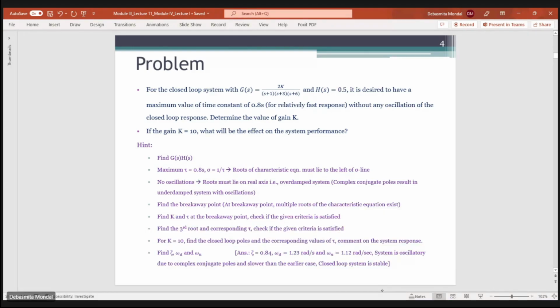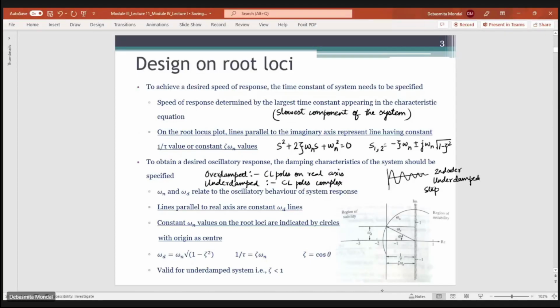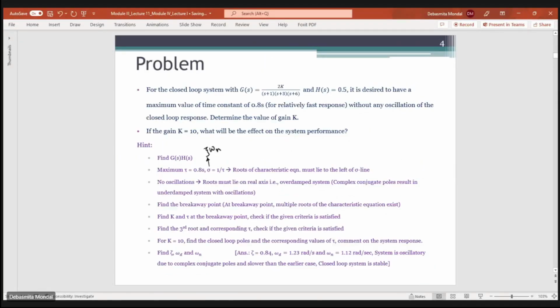So you can easily find out the value of the real part of that pole. This will be nothing but zeta omega n. Zeta omega n will be equal to 1 by tau. Here we have seen that 1 by tau is equal to zeta omega n.